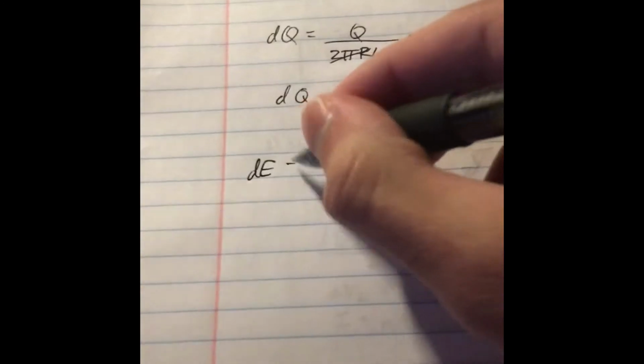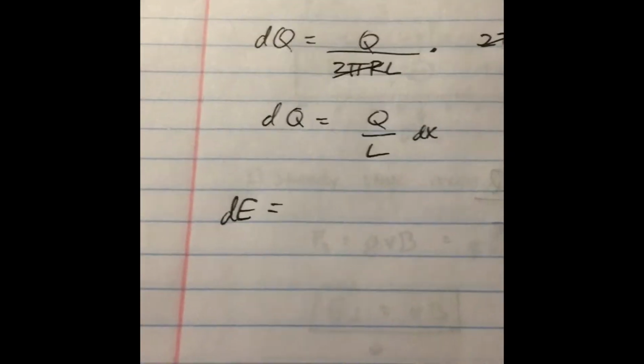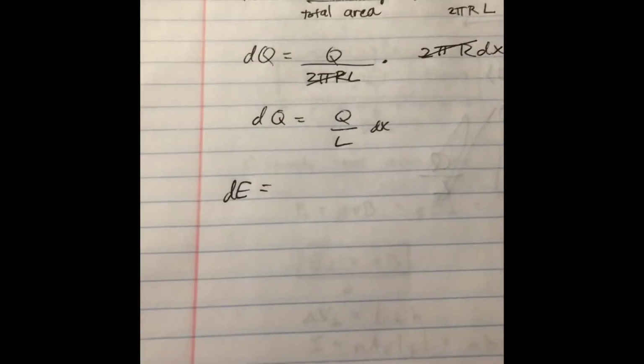So when we write dE, we want to use the formula for the electric field of a single ring.